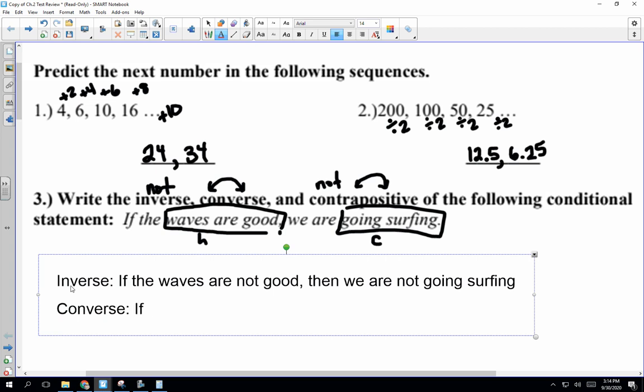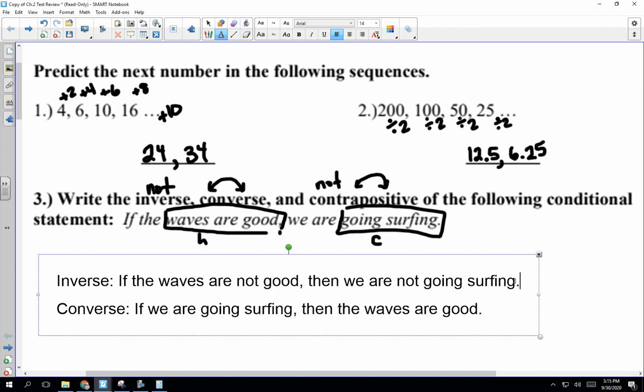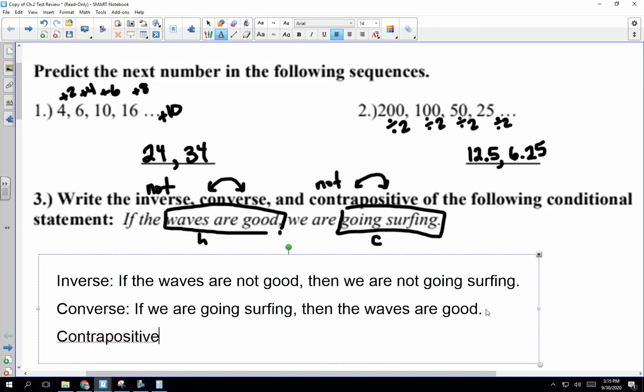So if we are going surfing, then the waves are good. I'll put a period at the end just for my friendly English teacher. Okay, and then the contrapositive switches the hypothesis and the conclusion and puts a not in it.